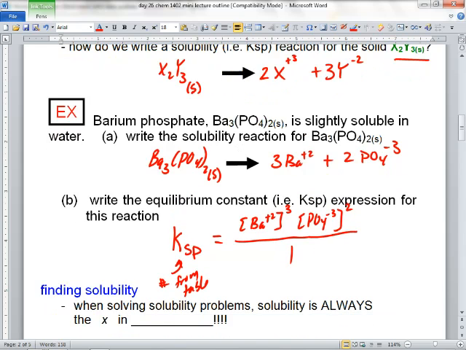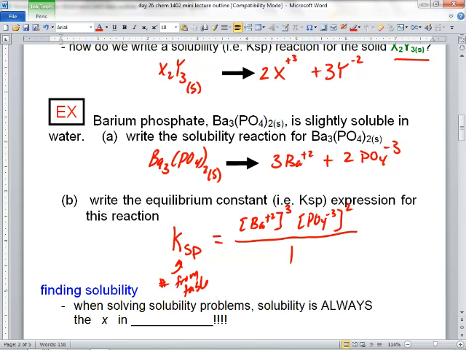So the homework is pretty much going to be find the solubility of barium phosphate. The trick is, Amanda, when solving solubility problems, solubility is always the X in probably what? Anybody help her?